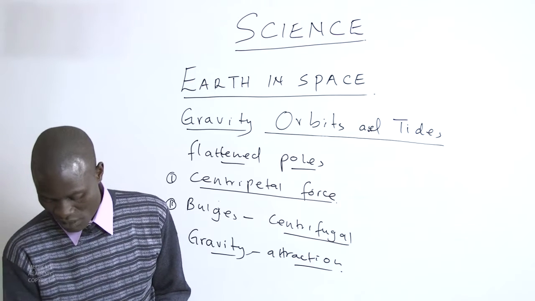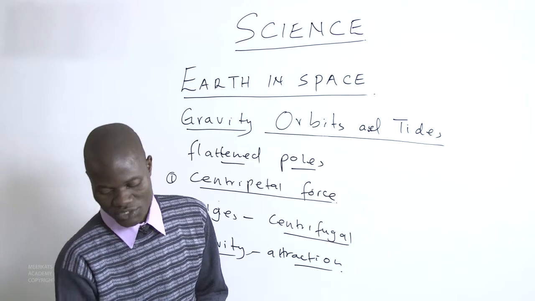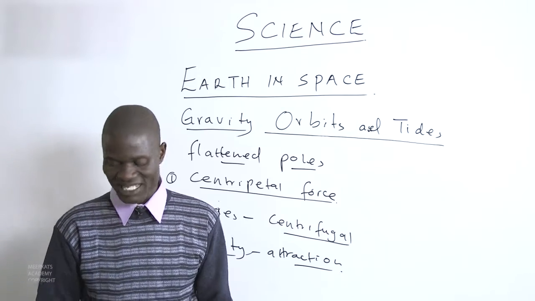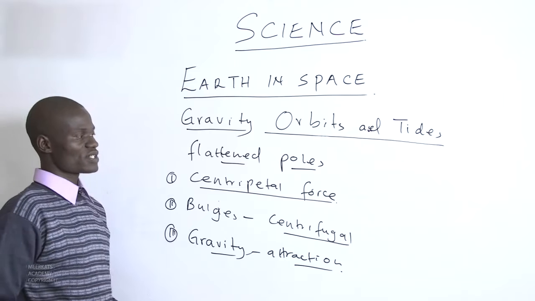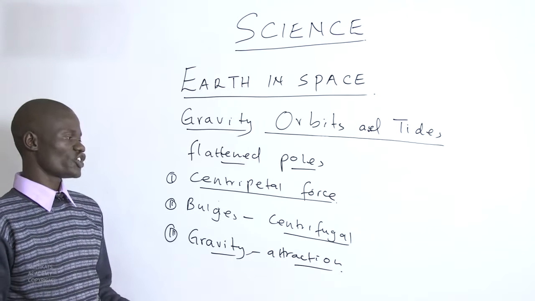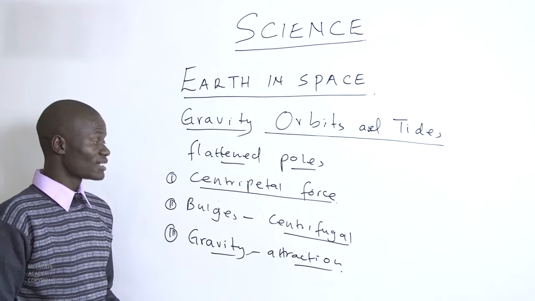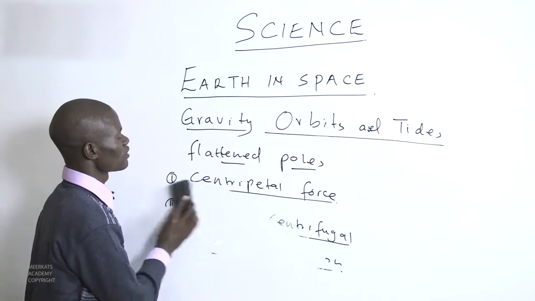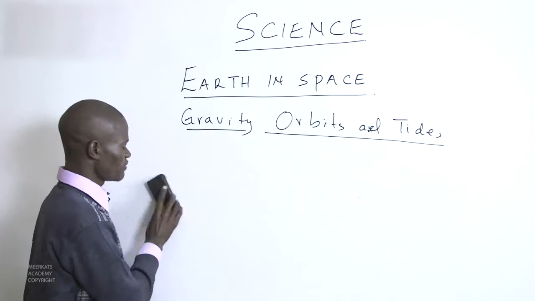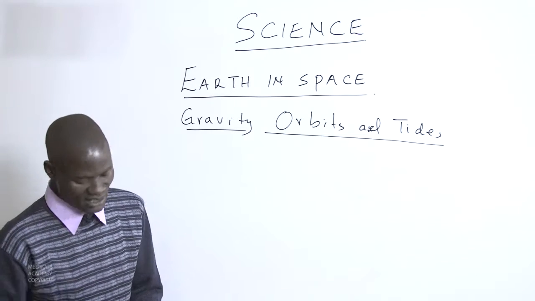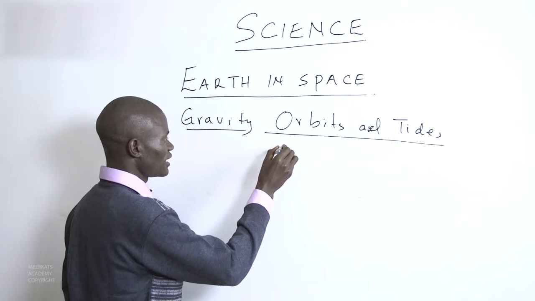These are the three forces that are responsible for the shape of the Earth. And therefore, to see exactly the shape of the Earth, we'll just have to demonstrate it shortly here.